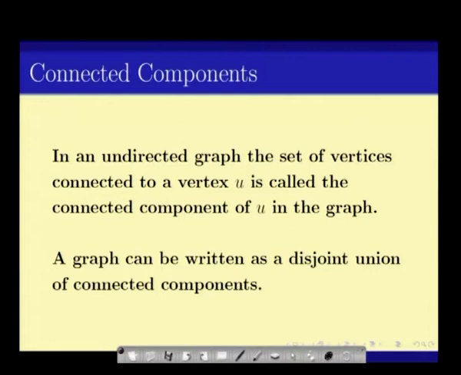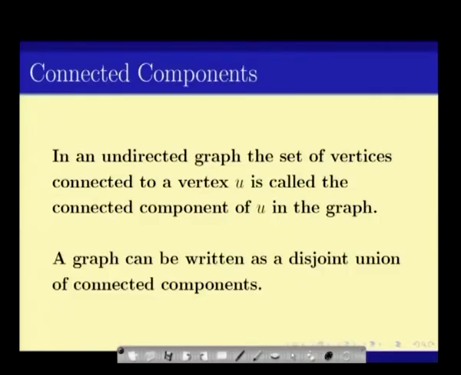For example, say you are living in a city and there is a river going through it and there is no bridge on that, then all possible vertices on the south side of the river are connected to you. This set of vertices is called the connected component of a vertex. It is all the vertices which are connected to a vertex, and it is not hard to see that a graph can be written as a disjoint union of connected components.